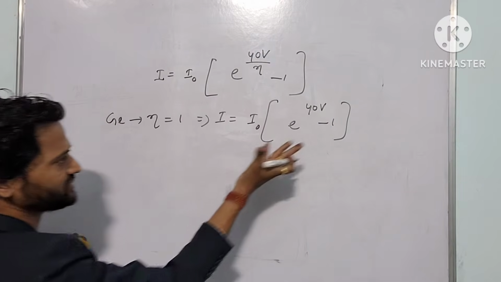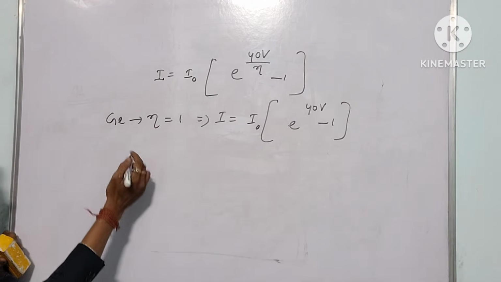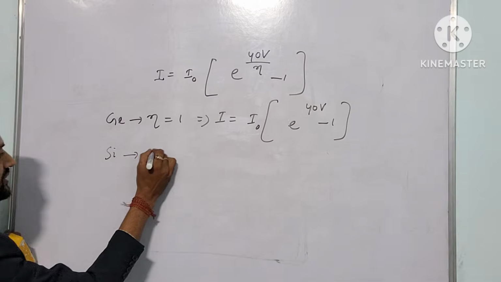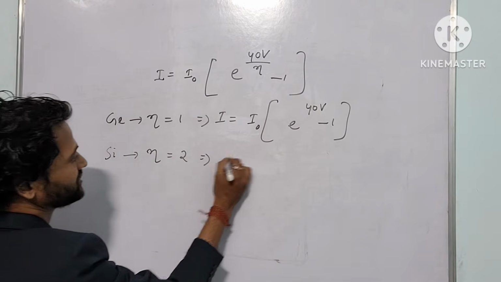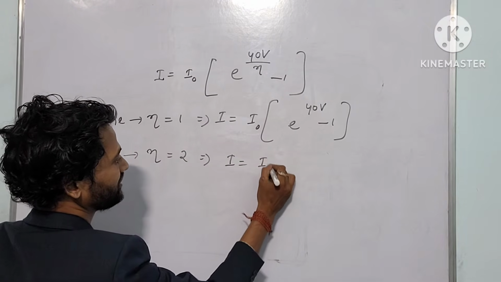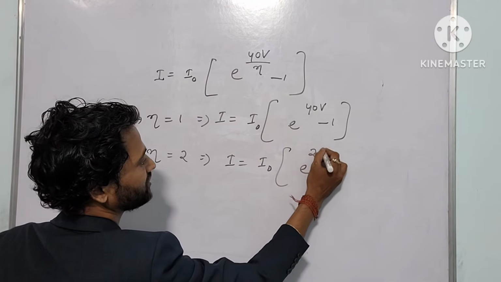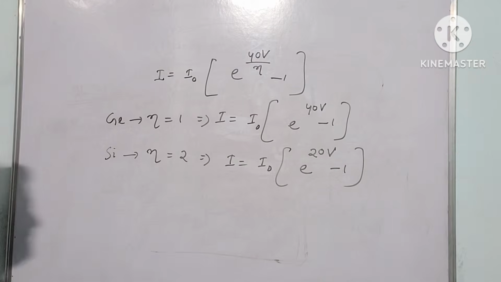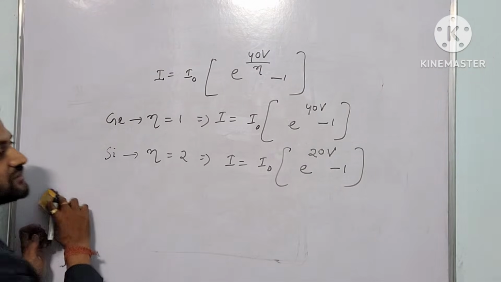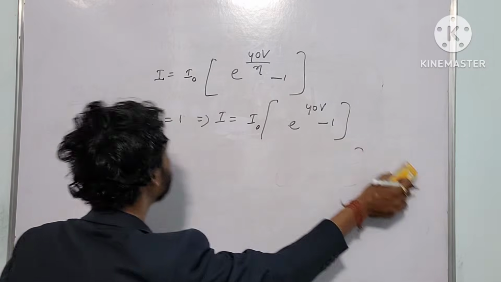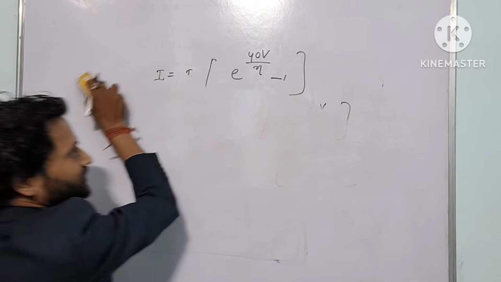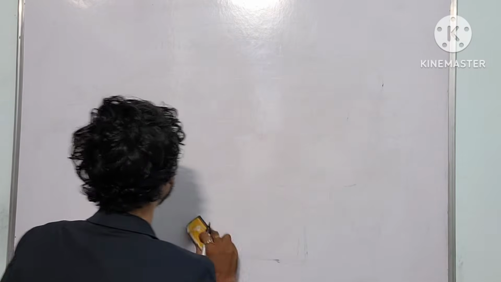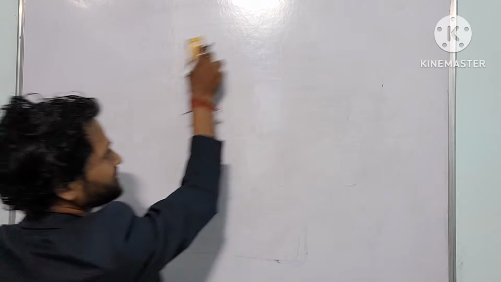So directly you can put this formula for germanium atom. If it is silicon atom, so eta will be 2. So your current will be I naught whole into e to the power 20v minus 1. इसमें डाल दो 2 डाल दो. It is clear everyone? Okay. ये हो गया आपका the current through the diode at forward bias condition at room temperature.